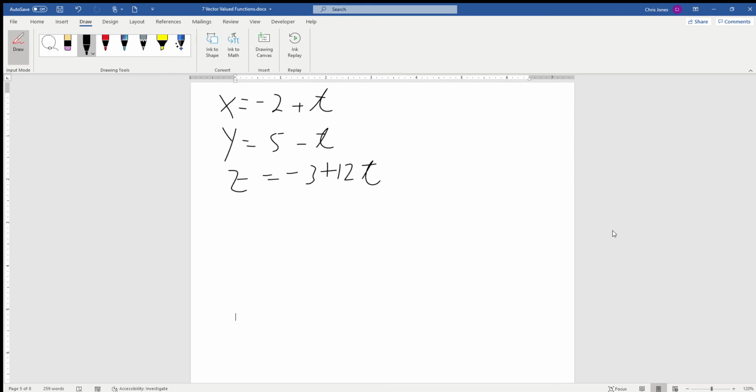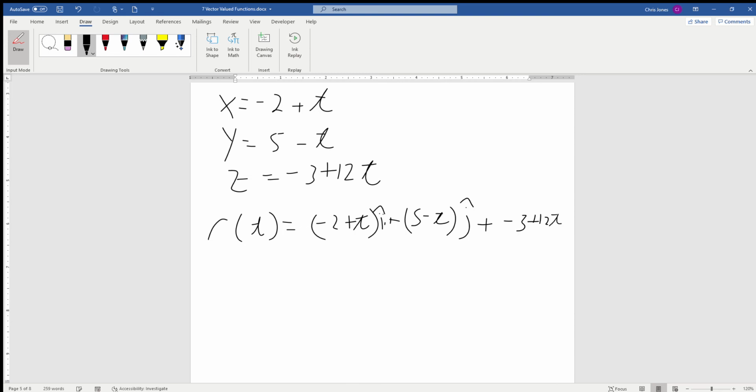All right, so to parameterize this, we're going to say r of t is going to be equal to negative 2 plus t i plus 5 minus t j plus negative 3 plus 12t, and I'm going to have to try to rewrite that a little bit closer to the plus sign so I can squeeze that k in there.